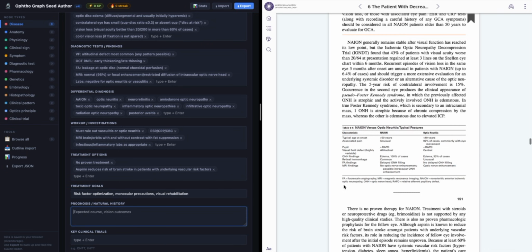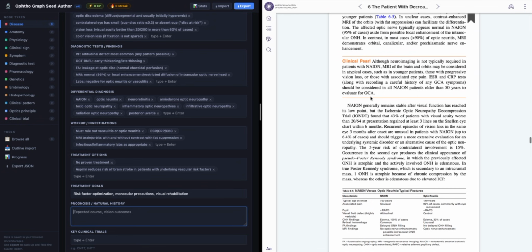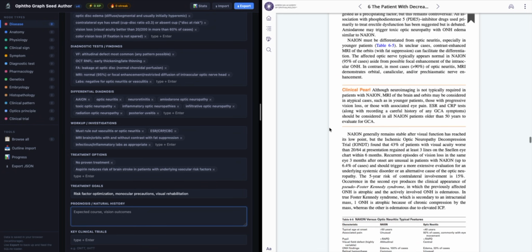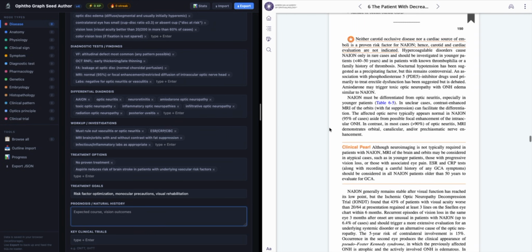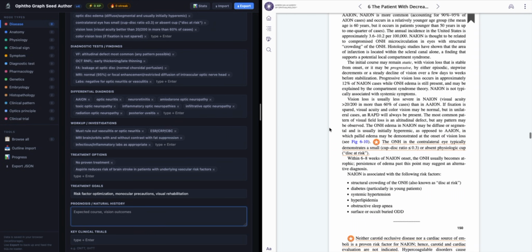The prognosis and natural history comes back over here. So it first talks about up here that the initial course may be either static or progressive.